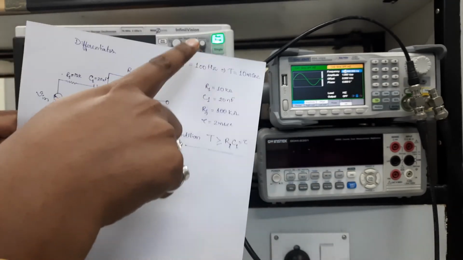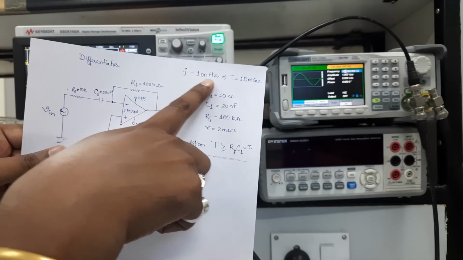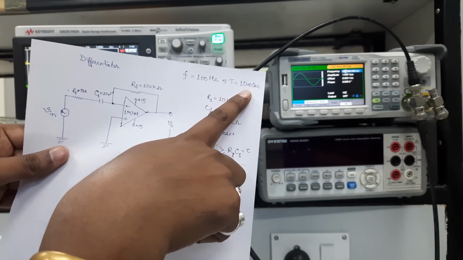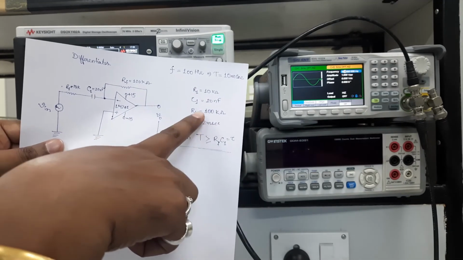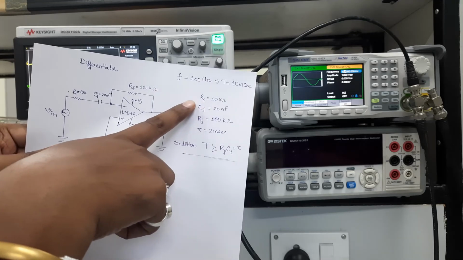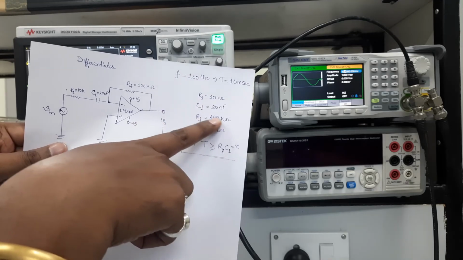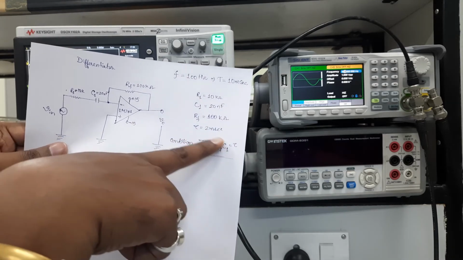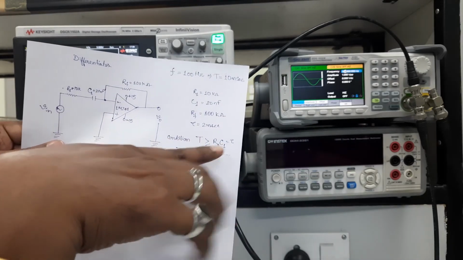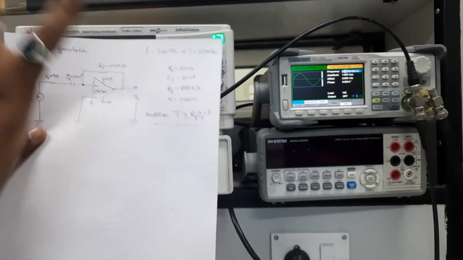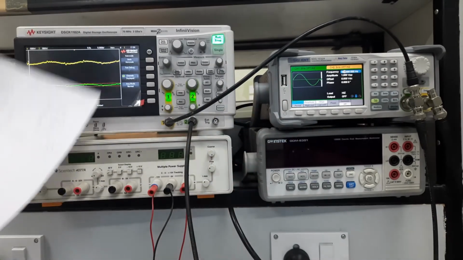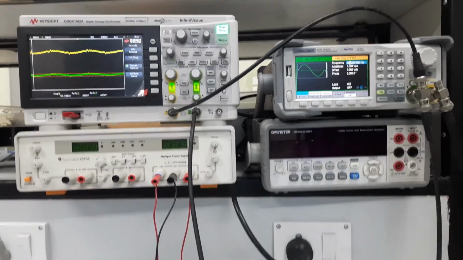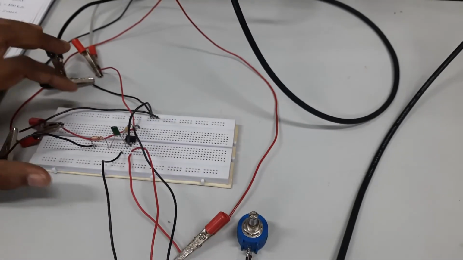For that we have taken 100 Hertz frequency, so it gives us 10 milliseconds, and with RF 100 kilo ohm and C1 20 nanofarad, we got around 2 milliseconds. So the condition is satisfied. Now you can see the circuit, already connected here.